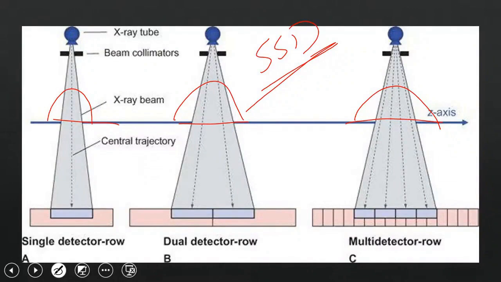Some companies may tell you they can provide a slice thickness of 0.5 millimeter, while others may say no, it's 1.25 millimeters. Depending on the machines and their versions, the detector specifications, rows of detectors, and width of the detector can vary significantly.